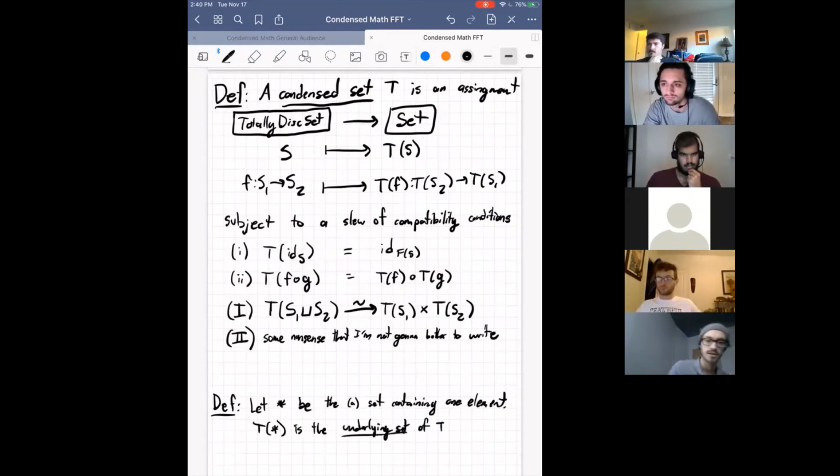So what you want to think of a condensed set is it's a set, but somehow we can evaluate it not just at a point, where we get back our original set, but we can also put in other totally disconnected sets, which might be finite or might be infinite.